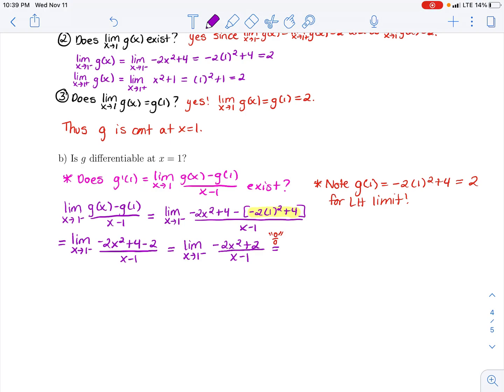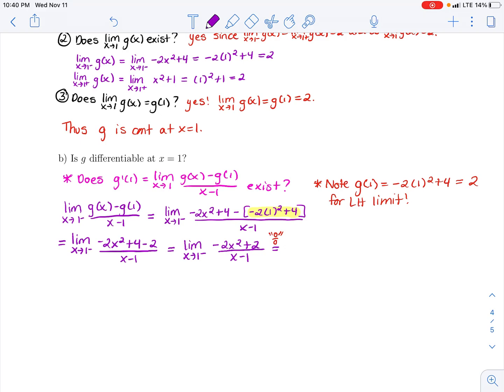When we saw a polynomial over a polynomial, a rational expression like this, we had factoring as our main go-to, and we also had multiplying by the conjugate. That was typically with roots, but it doesn't have to be. Our first go-to when we see a polynomial divided by a polynomial was to factor.